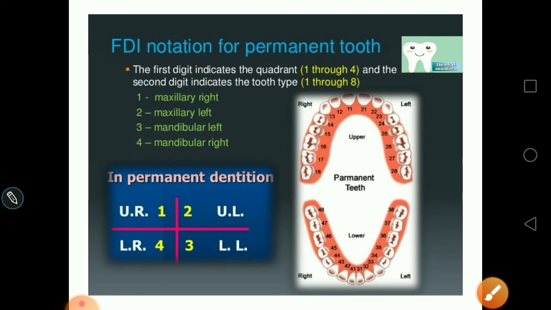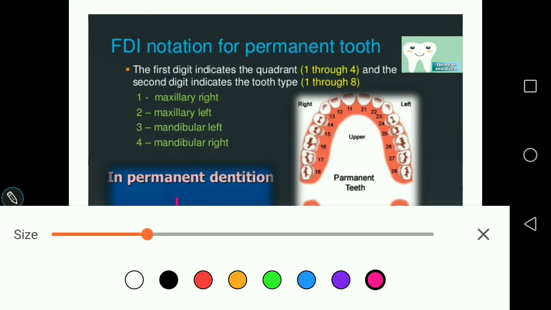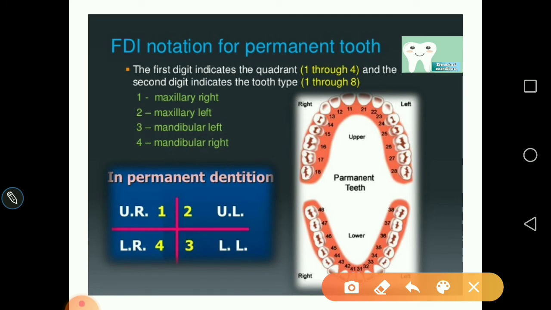FDI notation for permanent teeth: same, the first digit indicates the quadrant and the second digit indicates the tooth type. So for quadrant we have 1 through 4, and for tooth number we have 1 through 8. In simple form, as you can see, 1, 2, 3, 4 are the numbers for the quadrants: upper right, upper left, lower left, and lower right.